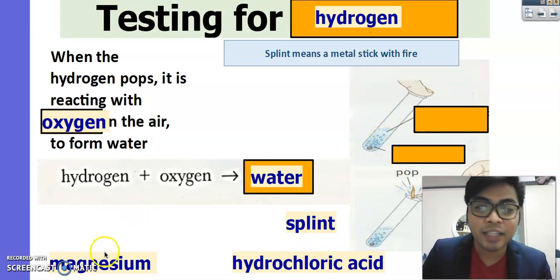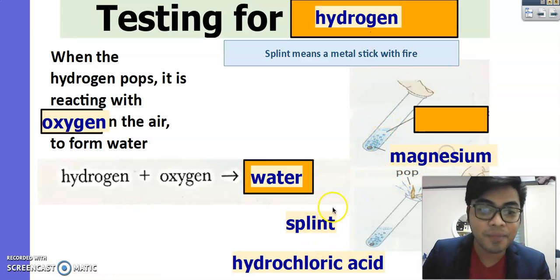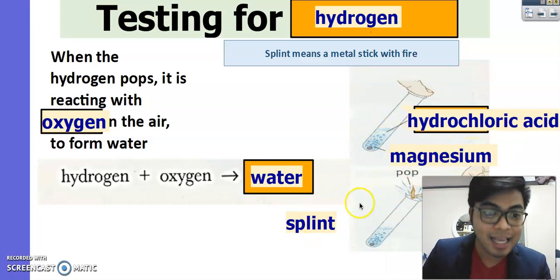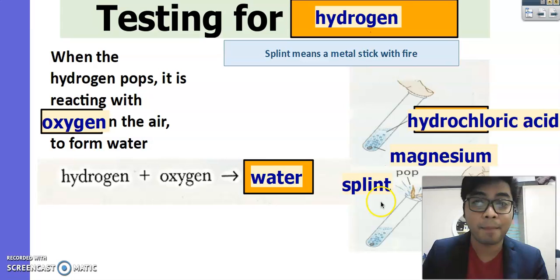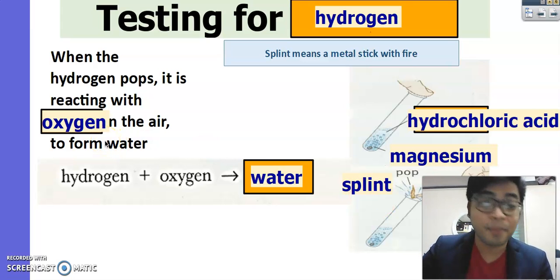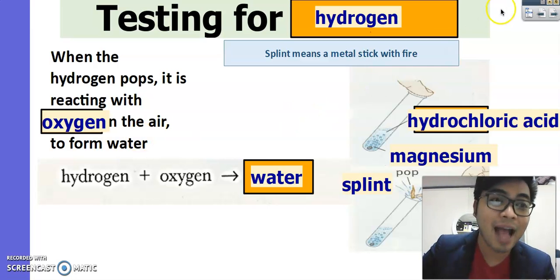What we did here is we reacted magnesium metal and hydrochloric acid, and we used a splint, and it produces a squeaky pop because there's oxygen in the air. So that is how we test for the presence of hydrogen in a chemical reaction.